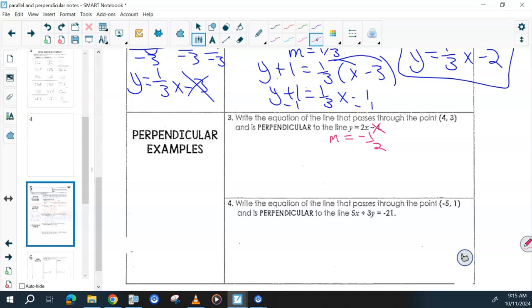So now we can do our point slope with this slope and this one. Y minus 3 equals negative 1/2 times x minus 4. And go ahead and start solving that.